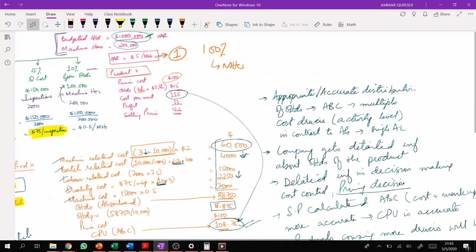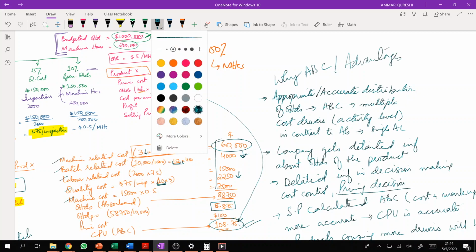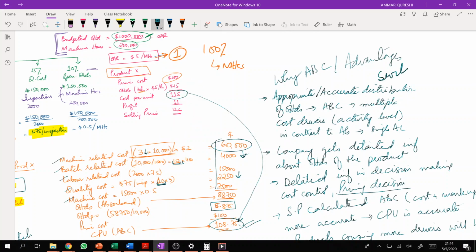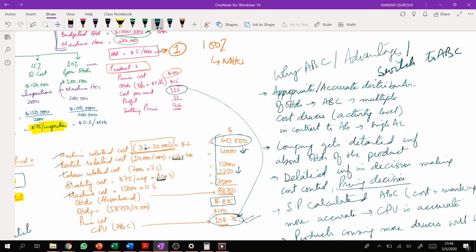But before moving ahead, what heading you can put, you can write: why a company should use ABC. What are the advantages of using activity based costing, why a company should switch to activity based costing. So you can fit all these points in any of these headings, right?